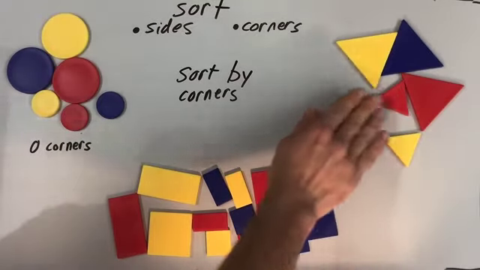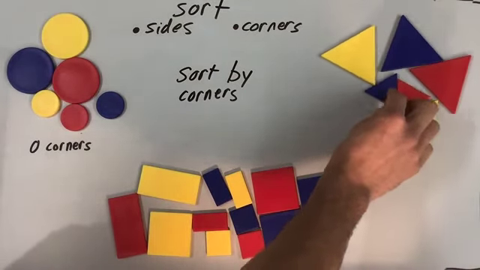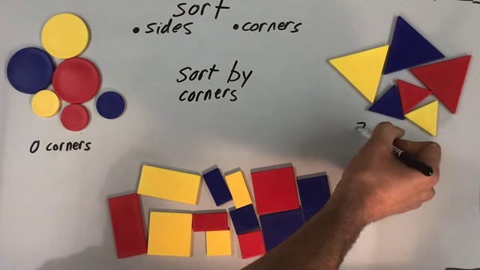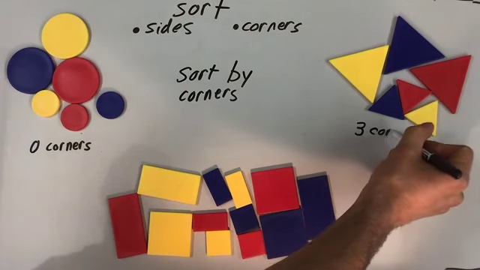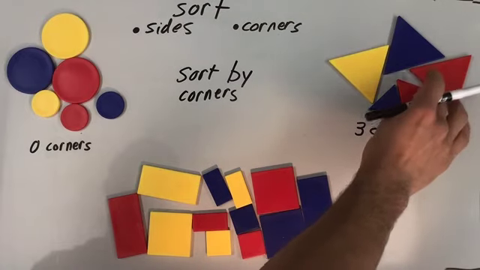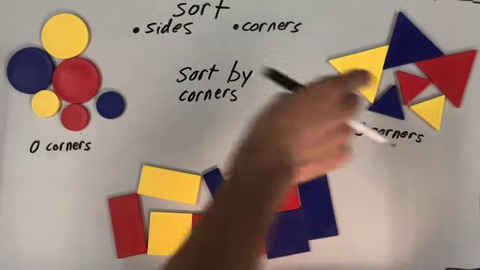And they all have 3 corners. It doesn't matter if it's a large triangle, if it's a small triangle. It still has 3 corners. Pretty neat, huh? Just like it had 3 sides, it has 3 corners.